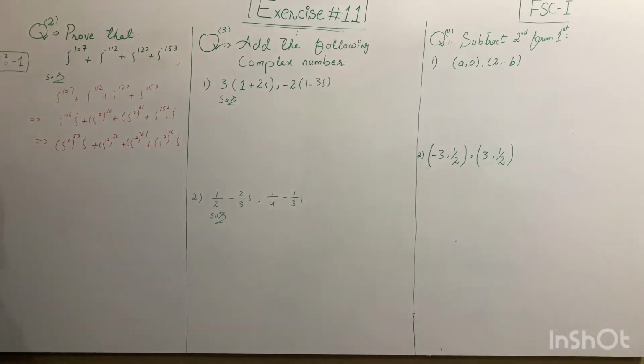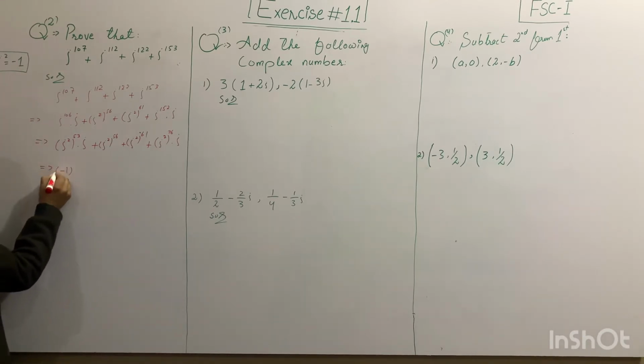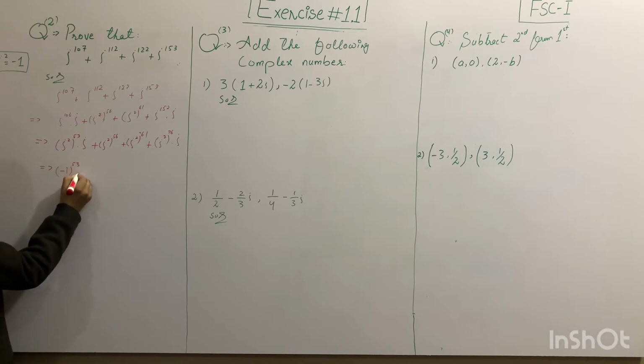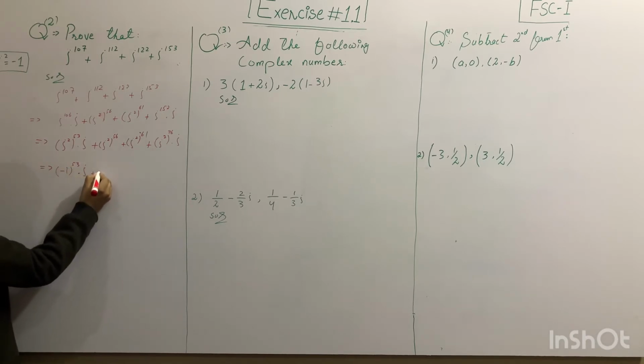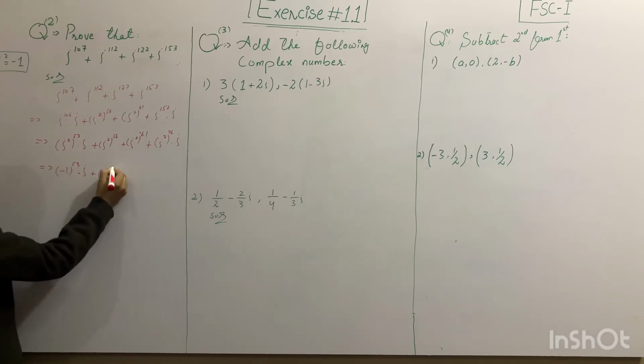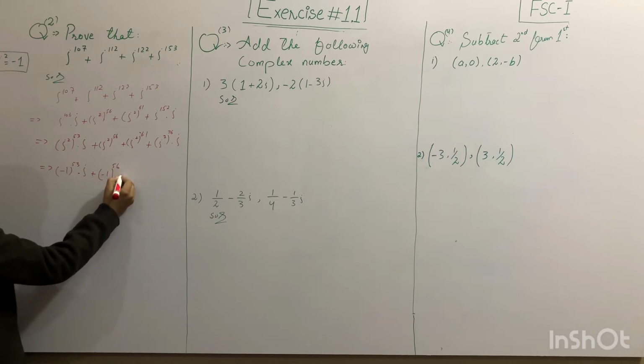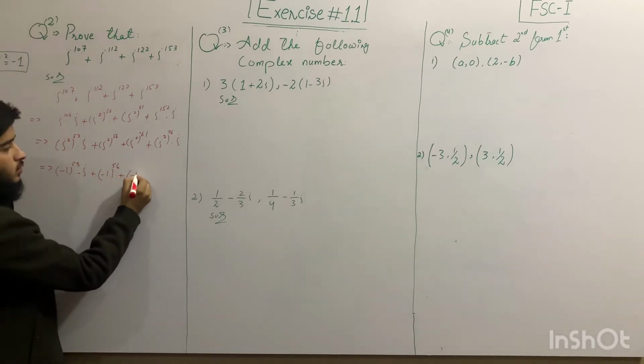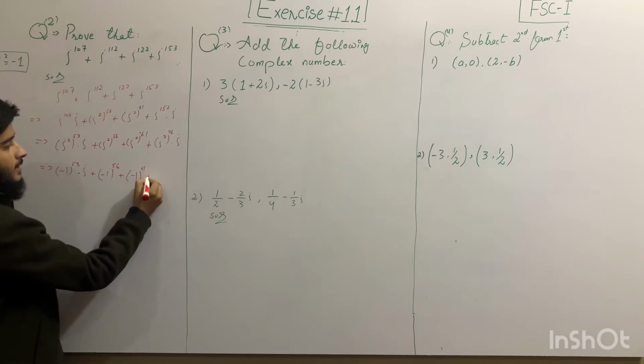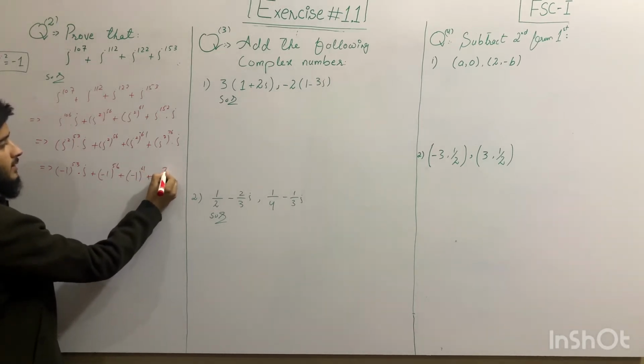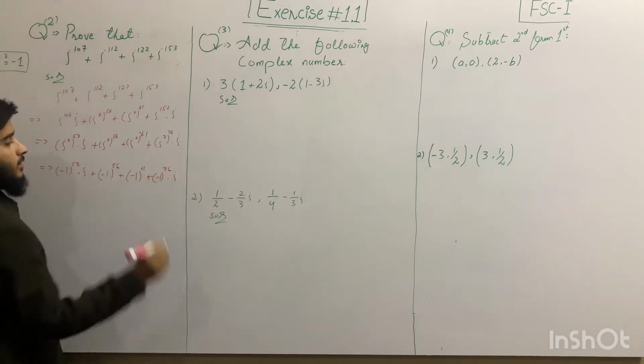Now I will put the values of iota square, which is equal to minus 1. So this implies minus 1 power 53 dot iota plus minus 1 to the power 56 plus minus 1 to the power 61 plus minus 1 to the power 76 dot iota.